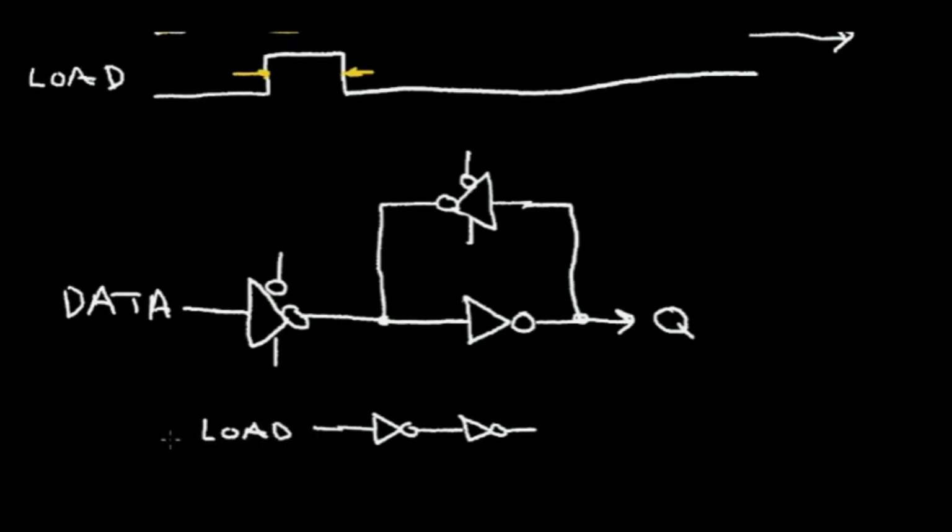So when this load signal goes to a high voltage, as shown here at high voltage, I want to send data into this latch through this tri-state driver that's connected to the data source. So how can I do that?